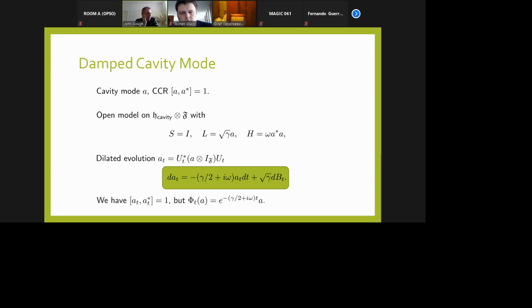So what we could do is take the scattering element to be equal to just the identity. So there's effectively no scattering in this. So the lambda process doesn't appear. We'll take a coupling operator just to be root gamma times A, and we'll take a Hamiltonian to be just a simple harmonic oscillator with frequency omega.